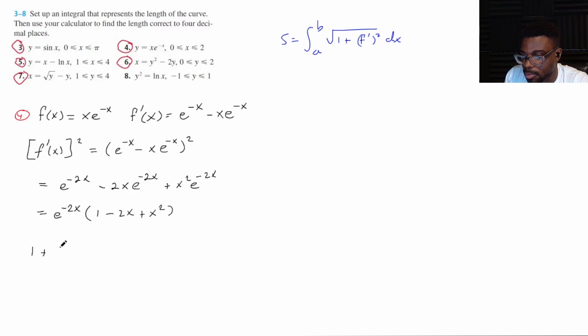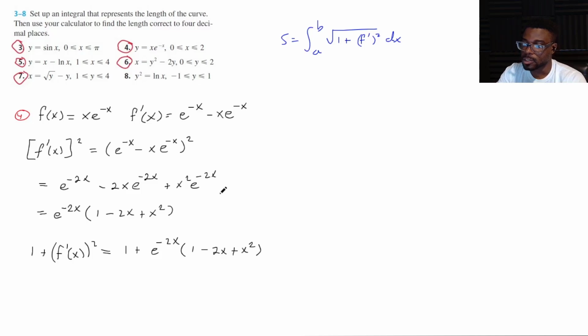So we'll write 1 plus f prime of x squared is equal to 1 plus e to the negative 2x times 1 minus 2x plus x squared. Okay, so at this point, all we have to do now is plug this into the integral and then integrate this. And this looks like something we might have to use a calculator for. So we'll set this up.